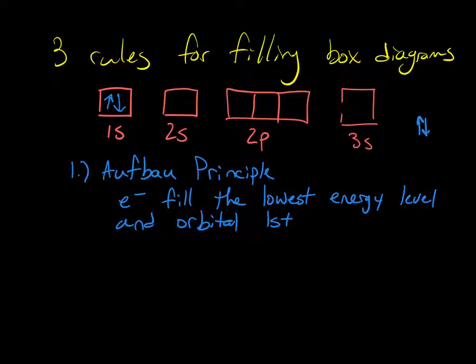Now, can you put more than 2 electrons in a box? Well, we talked about this in the last video lesson, that only 2 electrons can fit into any particular orbital and suborbital, orbital if it's an s, suborbital if it's a multi-suborbital orbital, like 2p. But this brings us to our next rule, Pauli's exclusion principle. Pauli's exclusion principle states that there may be no more than 2 electrons per suborbital.